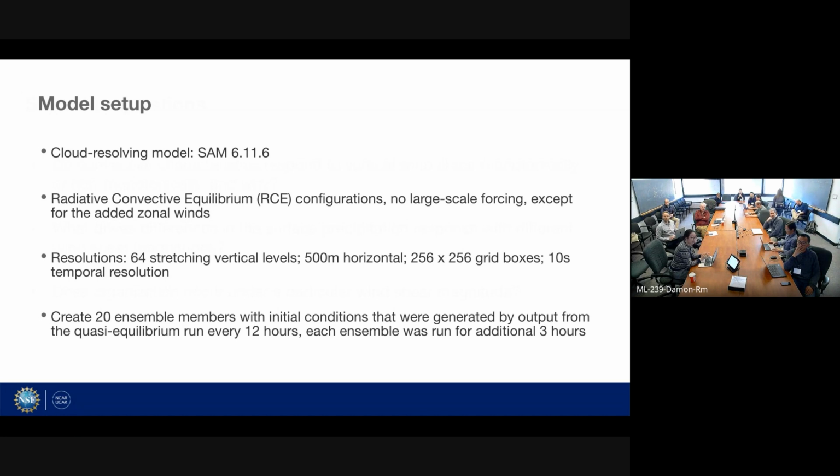As I mentioned earlier, because we want to get an ensemble response to the vertical wind shear, we created 20 ensemble members with initial conditions generated from the output of the equilibrium run. Each ensemble member is separated by 12 hours. Then we run each ensemble member for an additional 3 hours, subject to each different vertical wind shear profile.